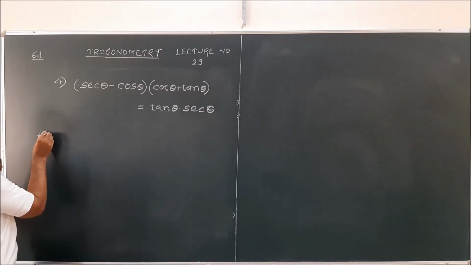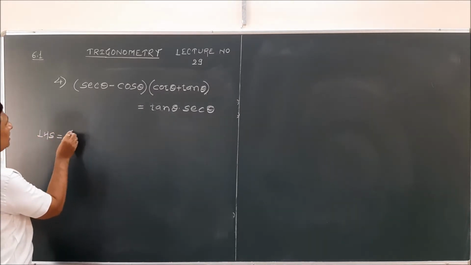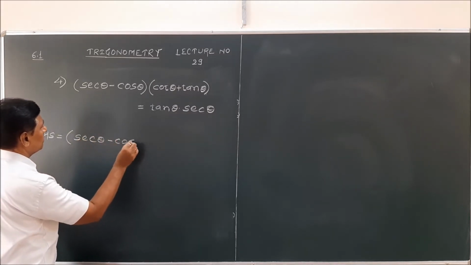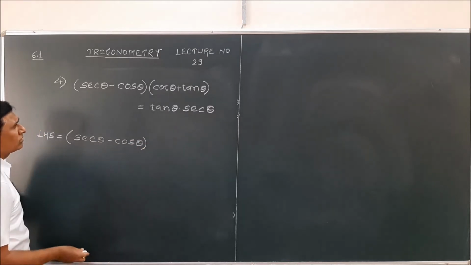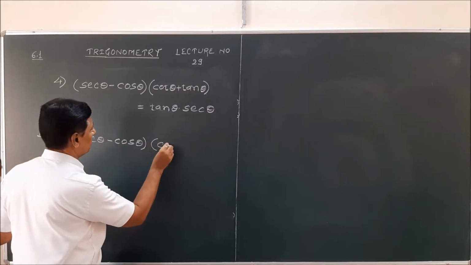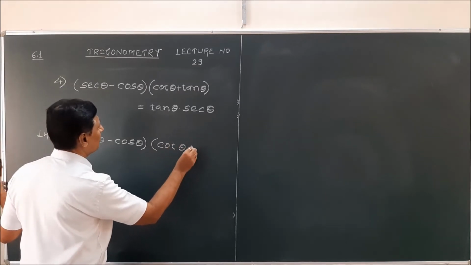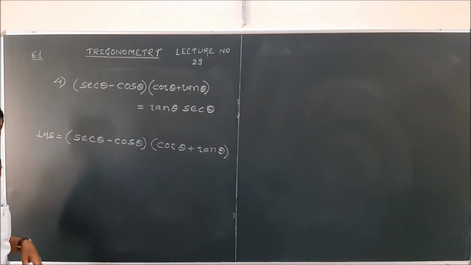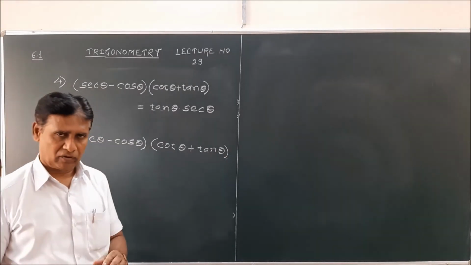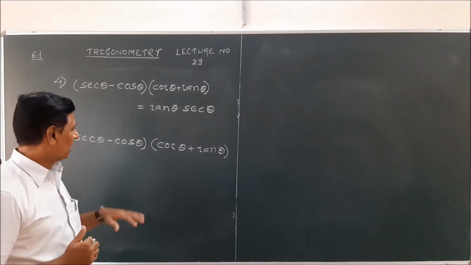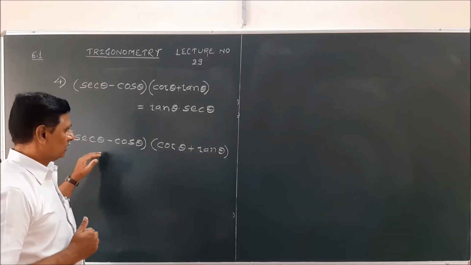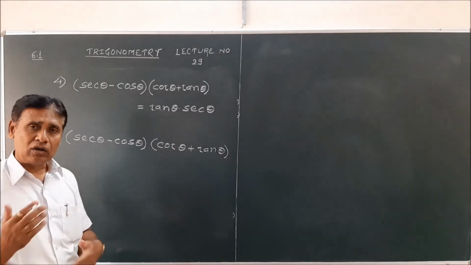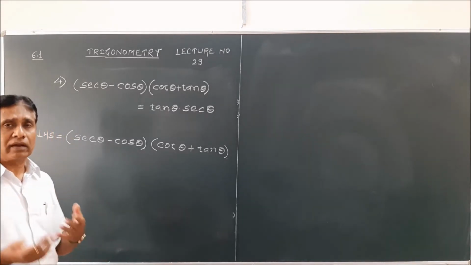LHS is equal to sec theta minus cos theta, into cot theta plus tan theta. Now I would like to tell you, it's a general way of solving this type of sums, that whenever you get trigonometric ratios in terms of cot, tan, sec, always try to convert them into the basic ratios.